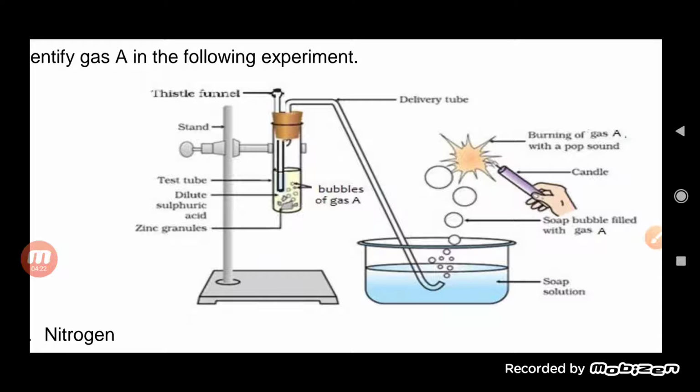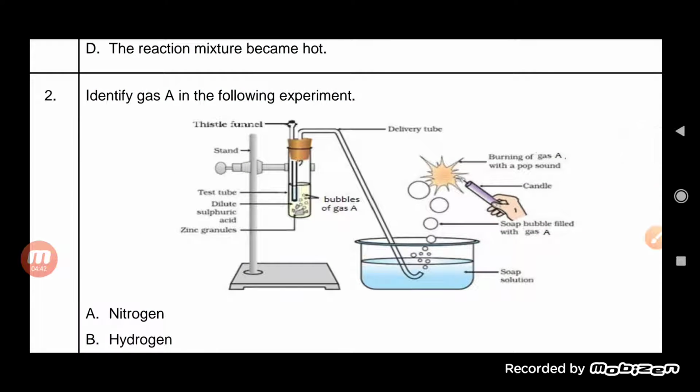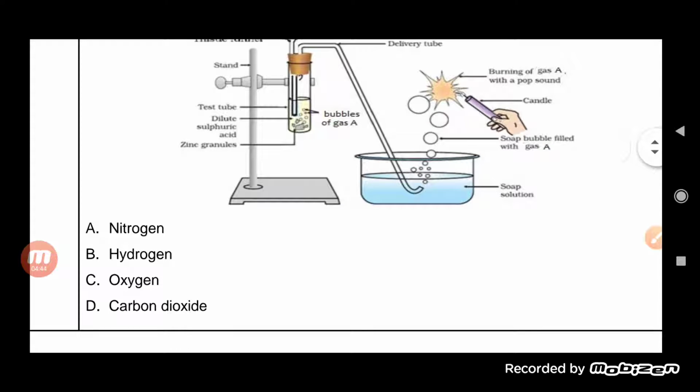When we bring a burning candle near the bubbles coming out through the soap solution, this gas will burn with a pop sound. So we have to identify the gas. Obviously, the gas burning with a pop sound is a good indication that helps us prove the answer is hydrogen.